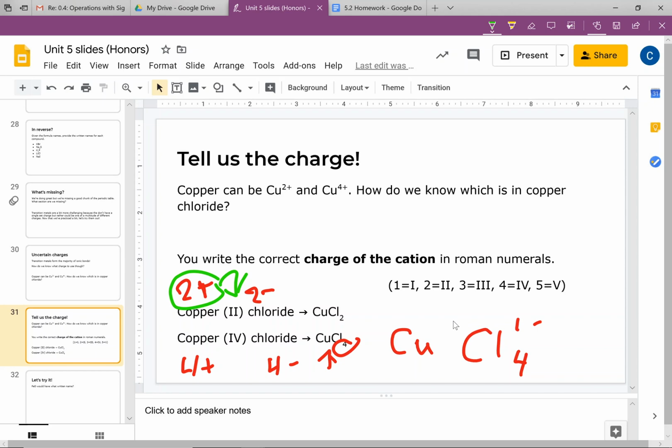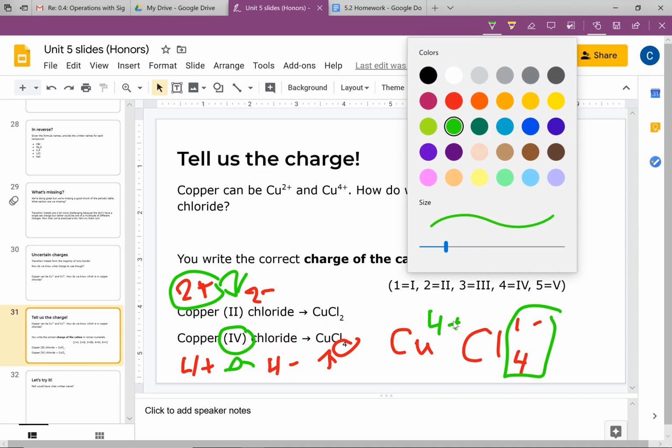And guess what? We write copper 4 because we're saying that the copper has 4 positive charges. So it would be here 4 plus to go against the 4 1 minus charges and make it a net 0, right? 4 positive is equal to 4 negative, and they neutralize each other.